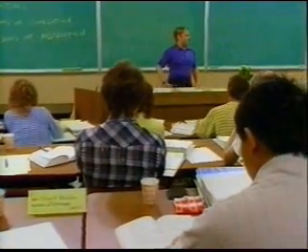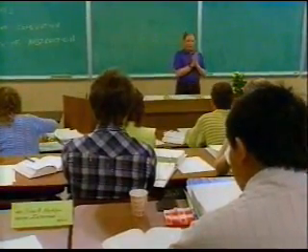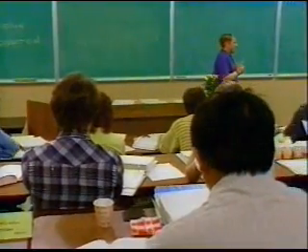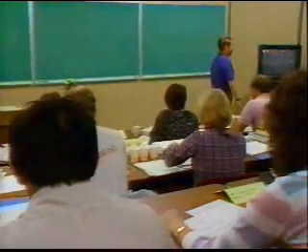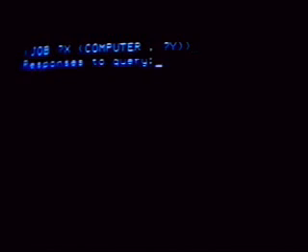Well, let's actually try this. The idea is I'm going to type in queries in this language, and answers will come out. So let's look at this. I can go up and say, gee, who works in the computer division? Job of X is computer dot Y. Doesn't matter what I call the dummy variables.